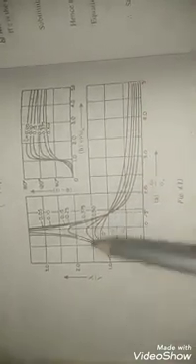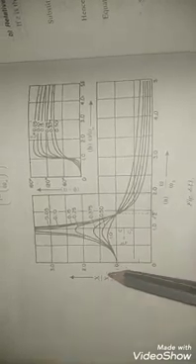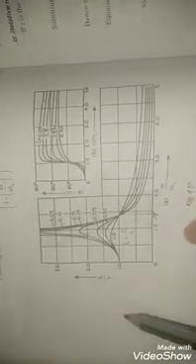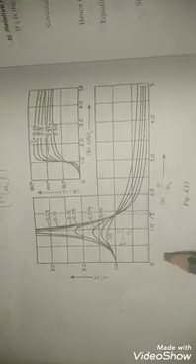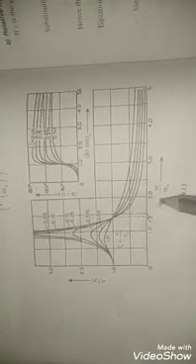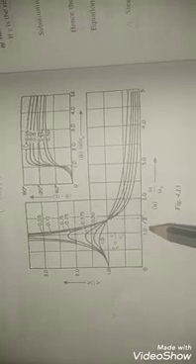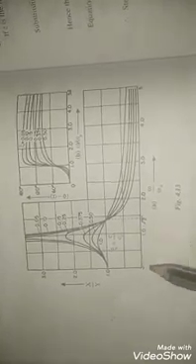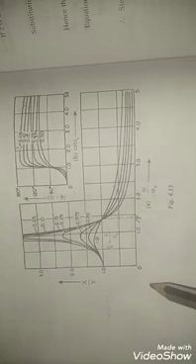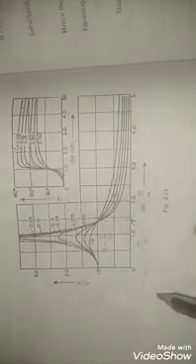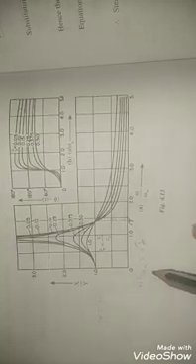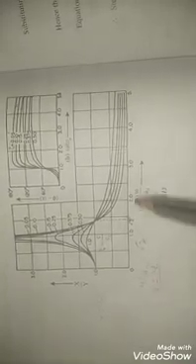Here you can observe x will become equal to y at the point omega by omega n is equal to root 2. It means for the displacement ratio equation, if you substitute omega by omega n is equal to √2, then the equation will become x is equal to y.